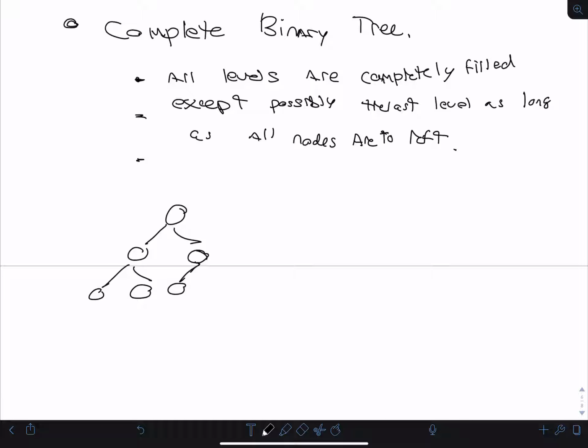It's not, because it's missing a child. It's a single child for that node. But it is considered a complete binary tree because this level is full, this level is full, and then the last level is not necessarily full, but all the nodes are as left as possible.